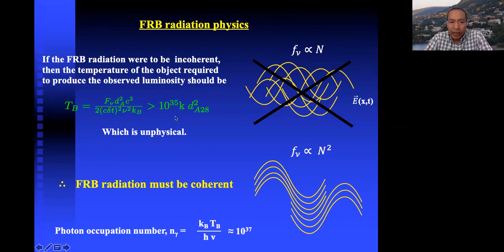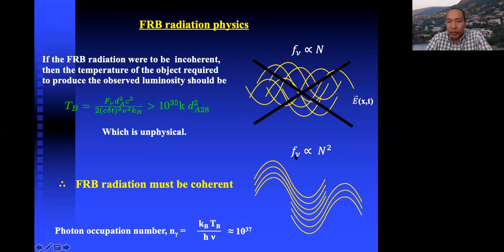That simply means that the FRB radiation, like the pulsar radiation, has got to be coherent. That means the electrons or particles radiating radio photons are all radiating in phase, like masers or lasers.